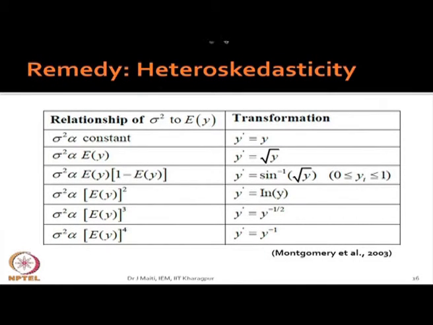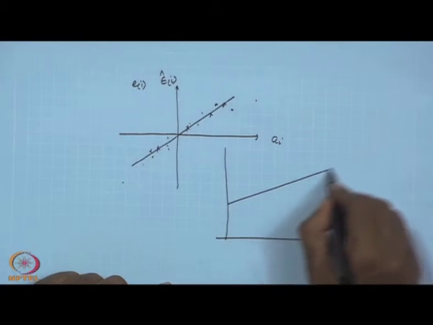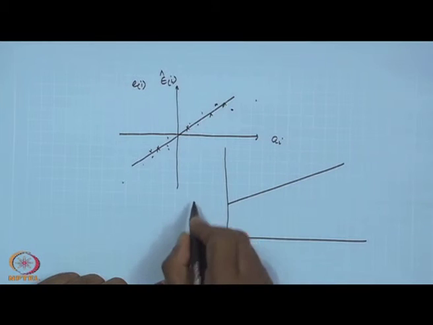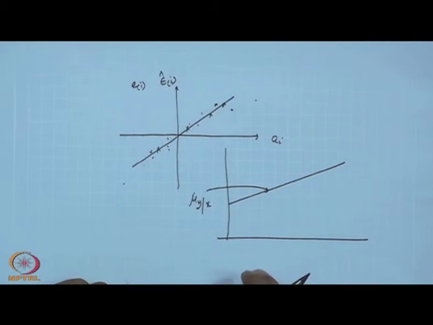Now, what type of transformation is applicable under what condition? If you see the regression equation, this fitted line is nothing but the conditional mean values, mu y given x.